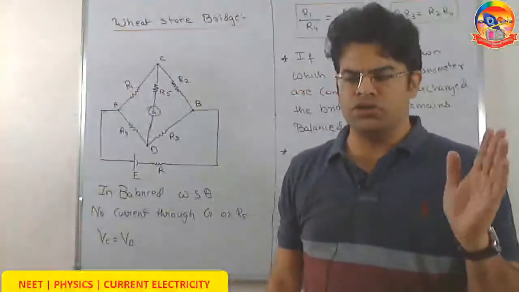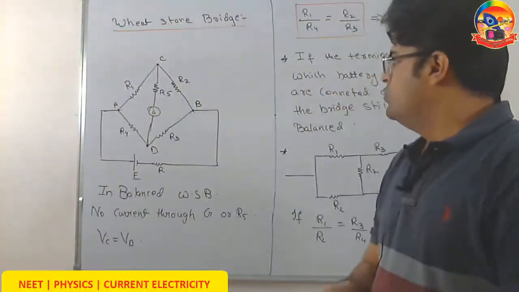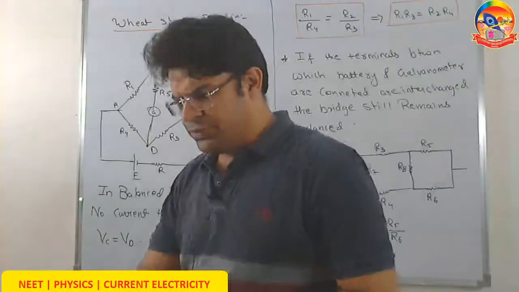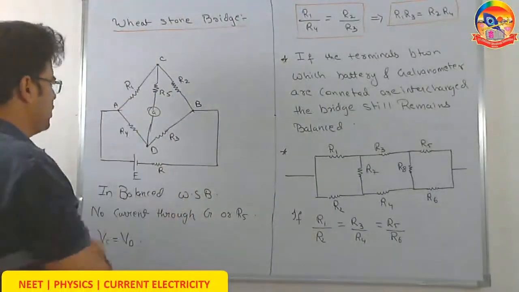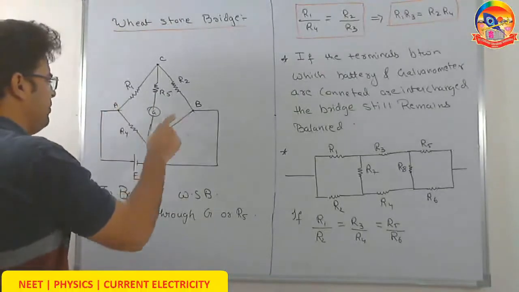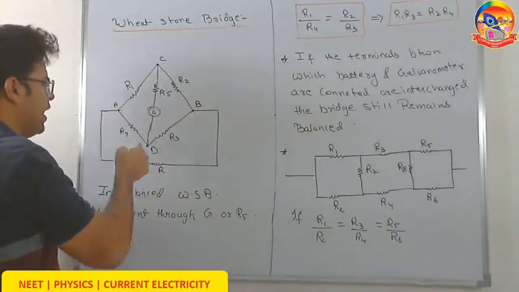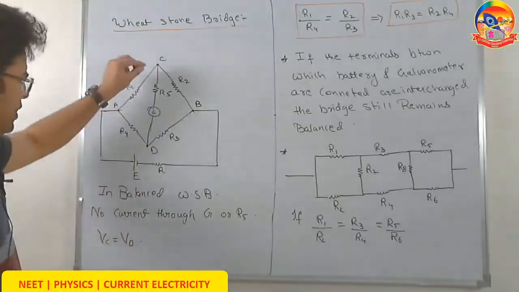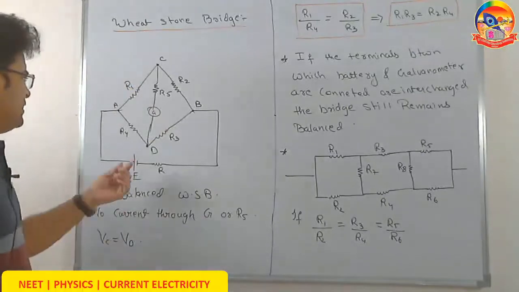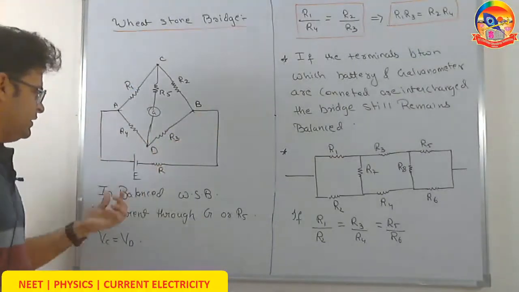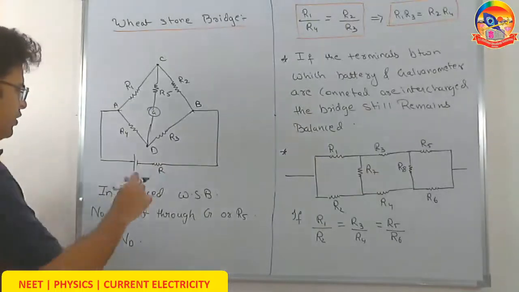Before we do more questions on combination of resistors, let's understand the Wheatstone bridge. So what is the Wheatstone bridge? Let's say it's a 4 terminal circuit. Let's say there are 4 terminals A, B, C, D, and there are 5 resistors connected R1, R2, R3, R4, R5. And in this line of R5 we also have a galvanometer. Let's say the battery connected between A and B has EMF E and an internal resistance which is usually denoted by small r.